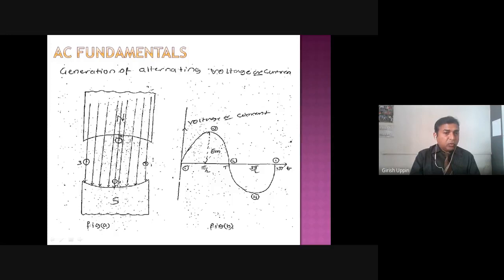And when it comes to position number 4 under the south pole, it represents 3 pi by 2. When it comes back to the original position where it started, again it will be 0, and that is represented as 2 pi.